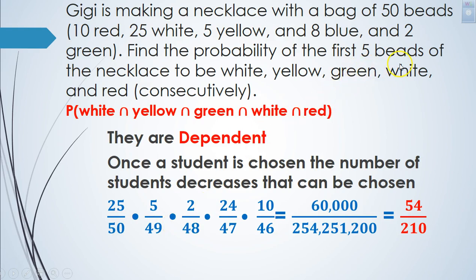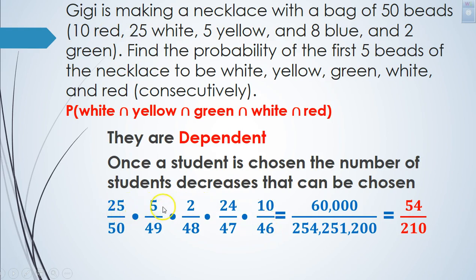Then we've got white again. Now, wait a minute. I already used a white bead, so there's not 25 white beads in the bag now. There's only 24. And that's going to go over the 47. Again, these numbers are decreasing in the denominator as well. And then the last one was red, and we still have 10 red beads in the bag, so that's 10, and again this number goes down to 46.